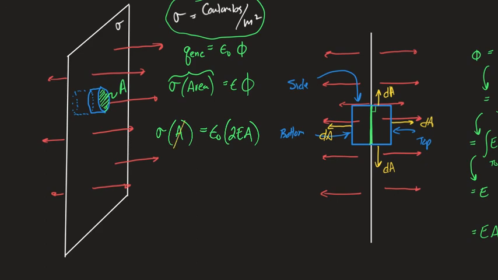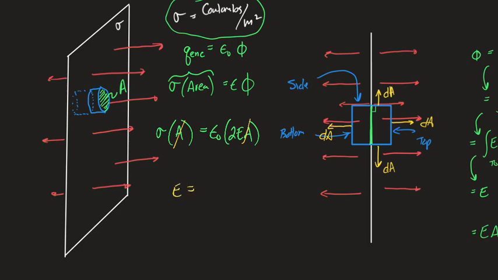So we cancel out those areas. And you'll notice the length in the cylinder yesterday, it canceled out. This is canceling out too. Doesn't matter how big our surface is or how much of the sheet we take in, we believe the electric field is going to be similar everywhere.